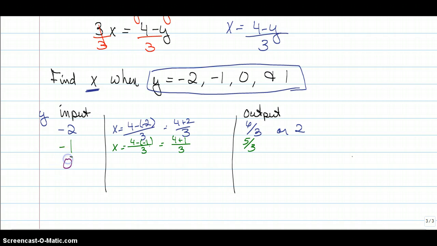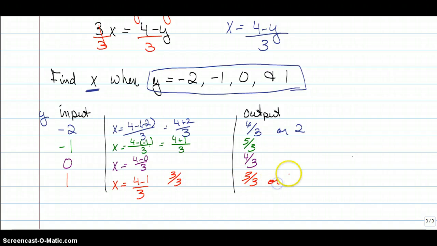Next, I have 0. x is equal to 4 minus 0 divided by 3. That just gives me 4 over 3. Now 1, I have x is equal to 4 minus 1 divided by 3. 4 minus 1 is 3, so I get 3 over 3, or 1.